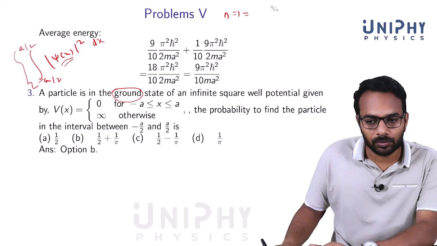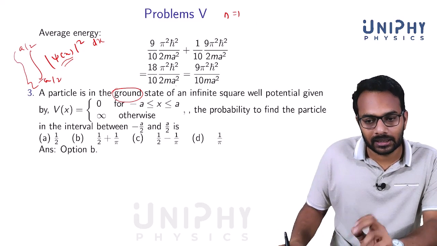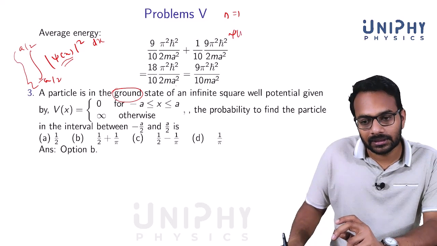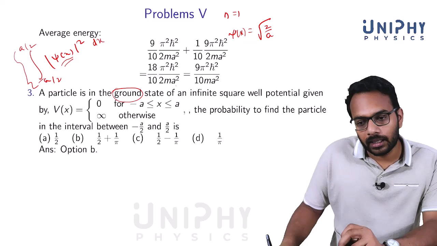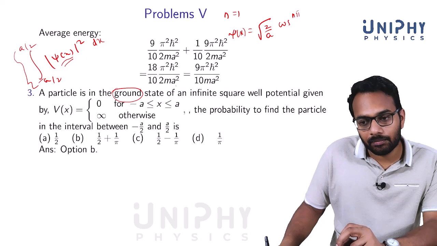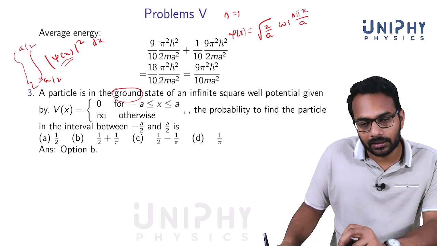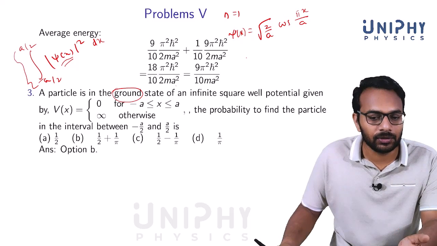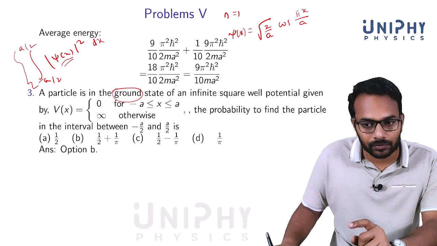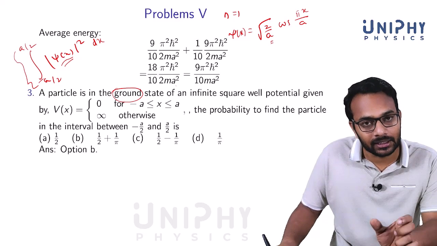We know the wave function for n equal to 1. The ground state wave function is psi of x equal to square root of 2 by a cos n pi x by a, where n is 1. So we have the wave function. But you have to be very careful. You remember that this a was the width of the square well.